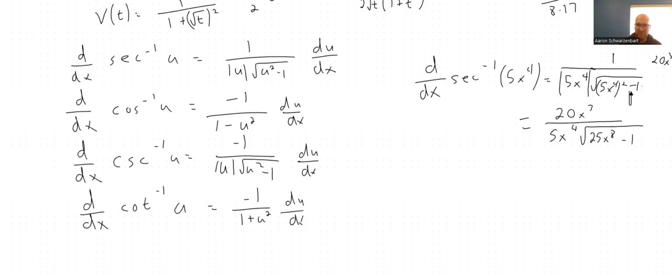I can simplify some more. That'll cross out 3 of those, leaving me 1 on the bottom. And I get 4 over x times the square root of 25x to the eighth minus 1. And there we have our first trig function, or its derivative.